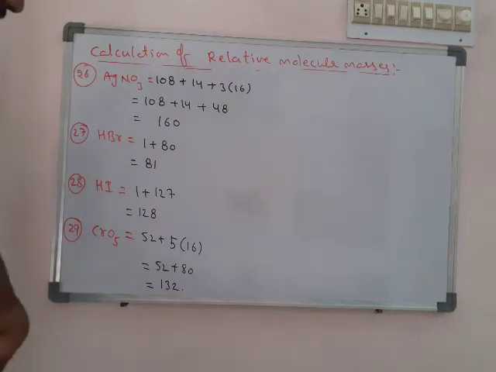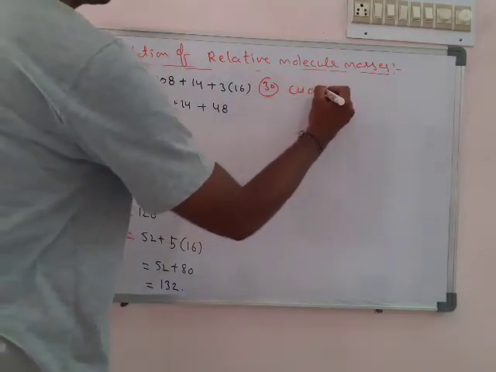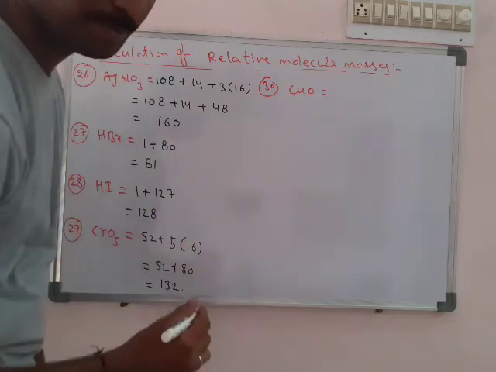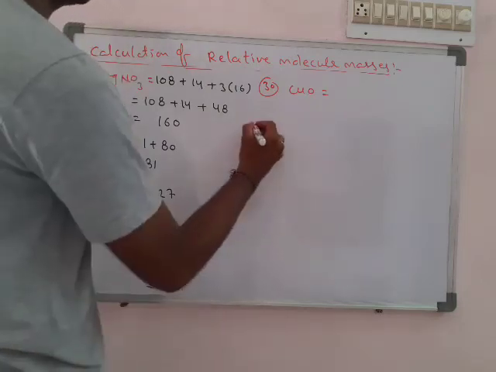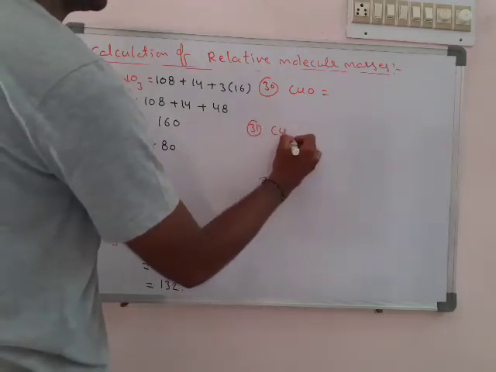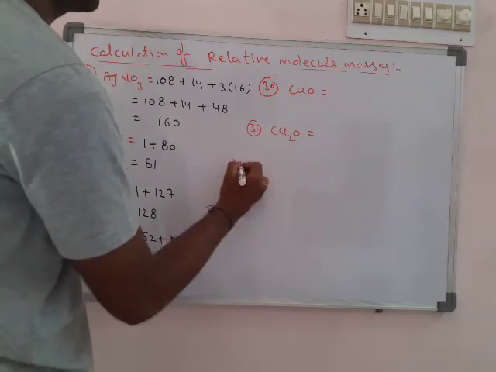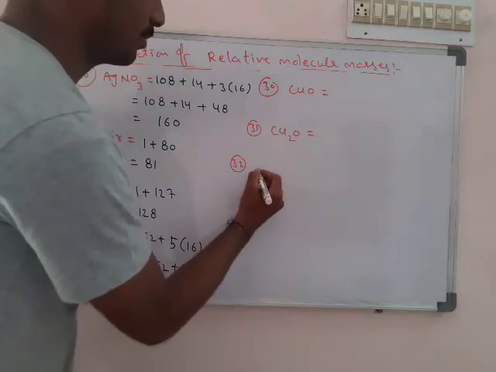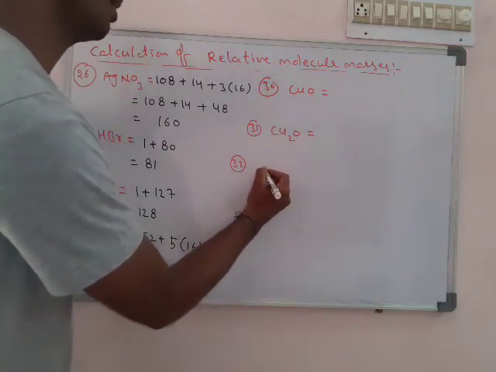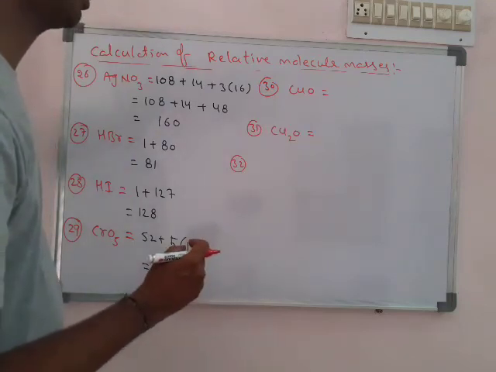So one more, some important ones are there. CuO, cupric oxide, cupric oxide. Okay, Cu2O is called cuprous oxide. There are some other elements also. Copper, magnesium, sulfur, phosphorus.